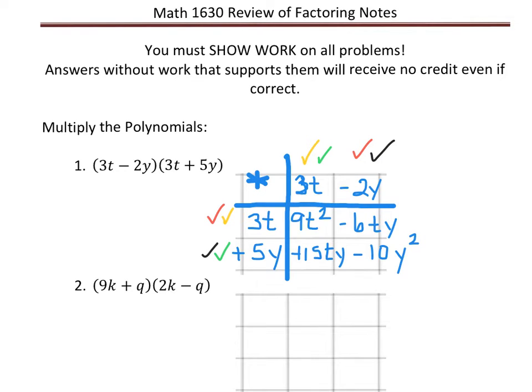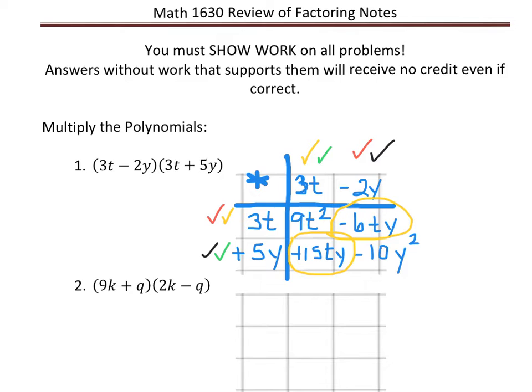And what you're going to notice here when we do these problems like this is the idea of like terms, you have to combine your like terms. Those like terms are always going to be on the positive diagonal.